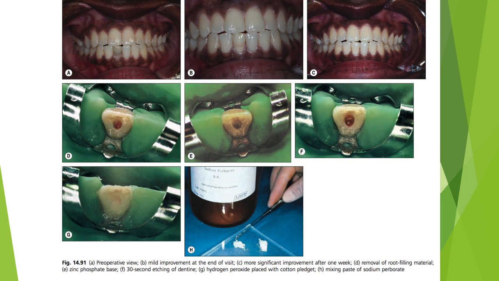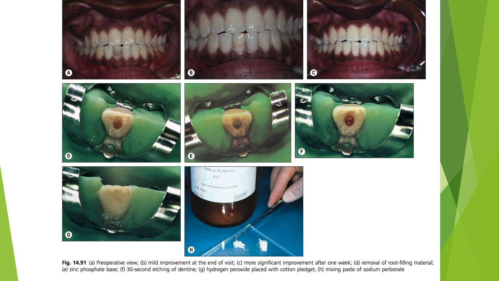So we have to wash the previous bleaching material and then we apply a fresh mix of the active ingredients of the material. We can repeat this procedure over multiple visits until we are satisfied with the results.